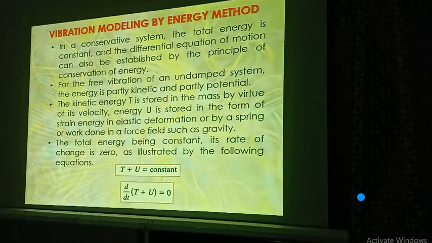So there will be a total of three kinds of forces. One is the inertial force, because of mass, and it can store kinetic energy. Another is the damping force, and it can dissipate energy.